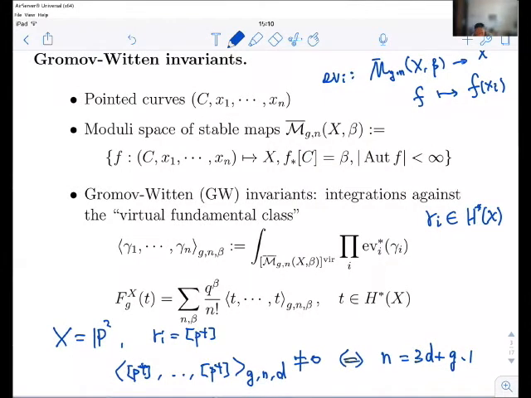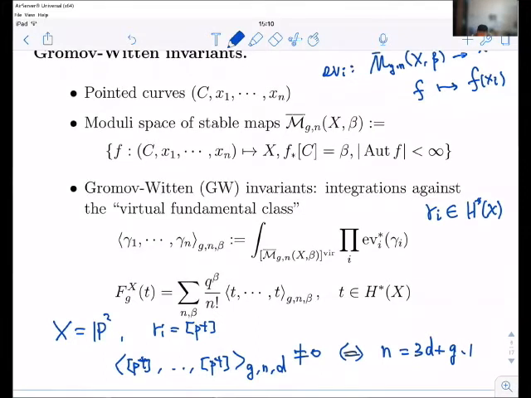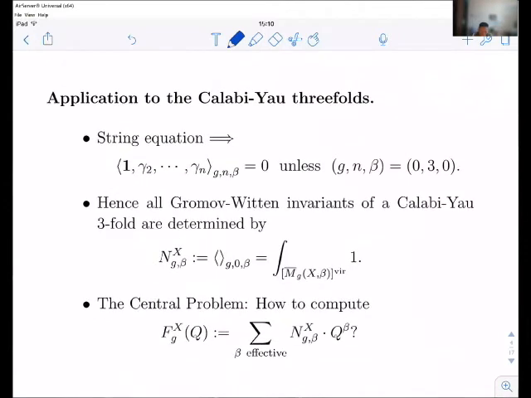In this talk we just care about the Calabi-Yau threefold. For the Calabi-Yau threefold case, the string equation tells us that when you have an insertion of 1, the unit in H^*(X), this correlator will be 0, unless it is in genus 0 and degree 0 with 3 marked points.